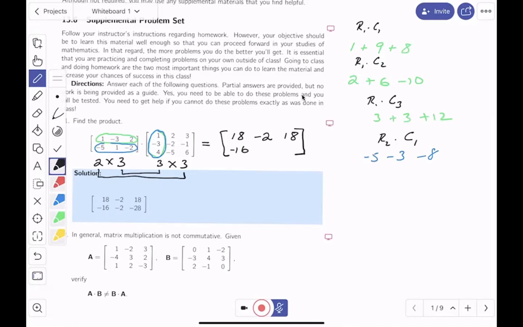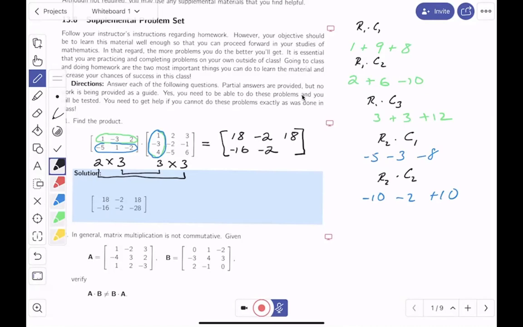Now row 2 times column 2. All right, let's go through that. So it's going to give you minus 10, and then you're going to get minus 2, and then you're going to get plus 10. What is that going to give you? Minus 2. Again, we'll check this with the key later.